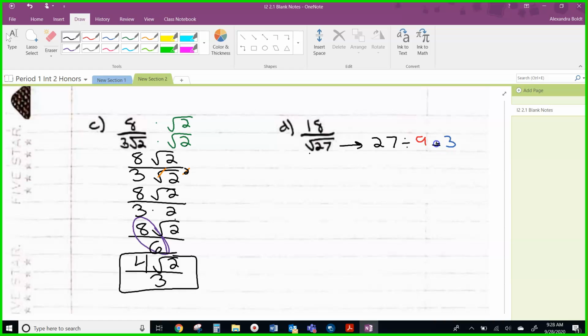So I do have to start by simplifying this radical. So I get 18 over the square root of 9 times 3, which will give me 18 over square root 9 times square root 3.